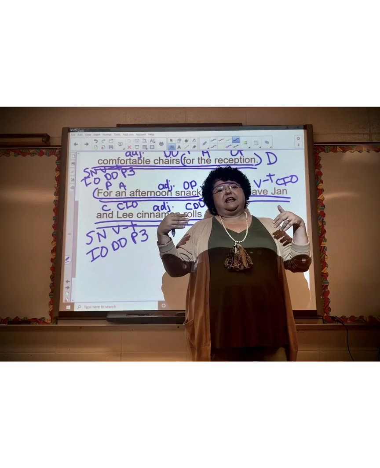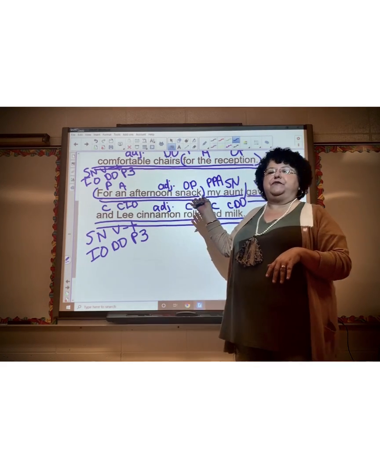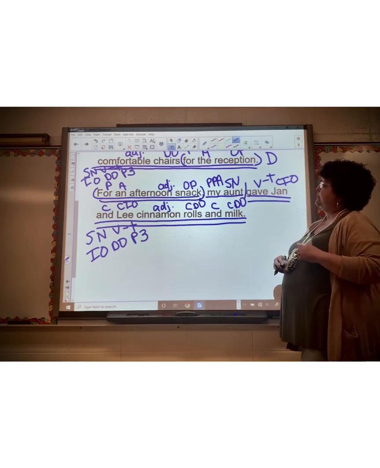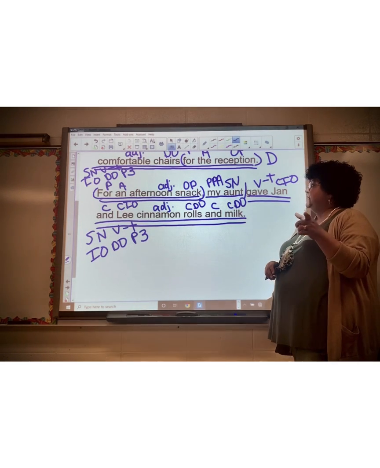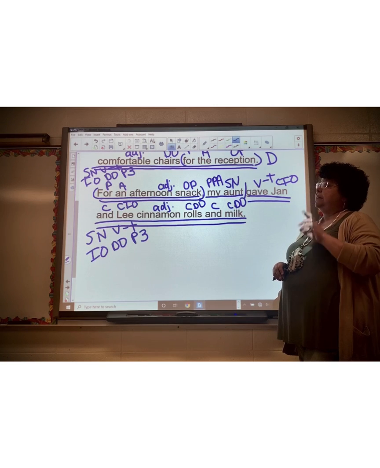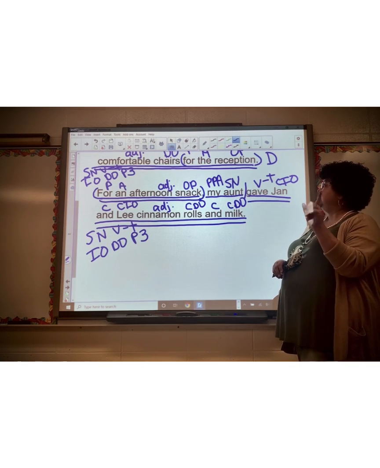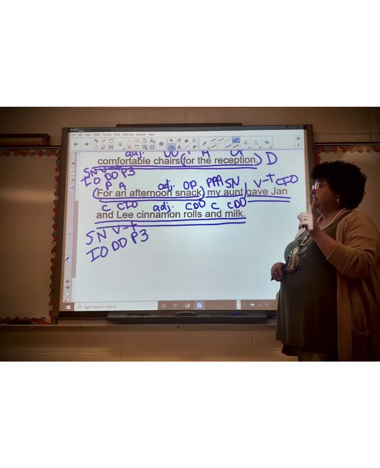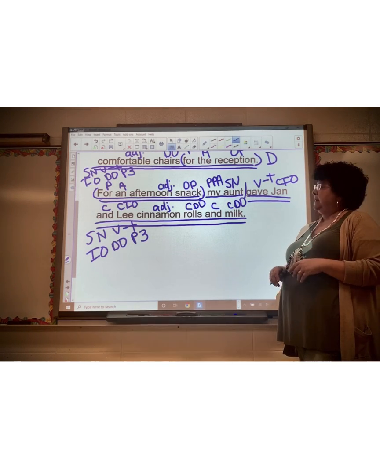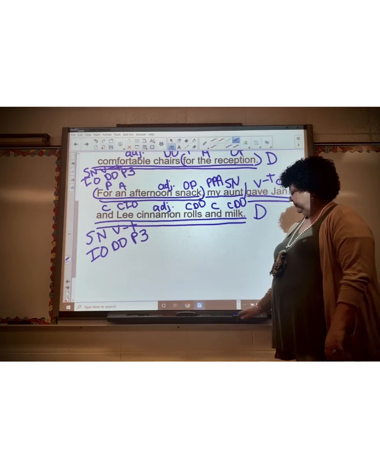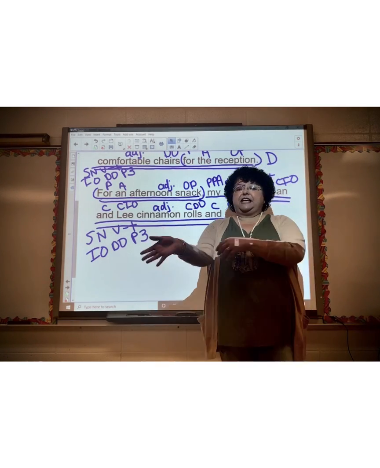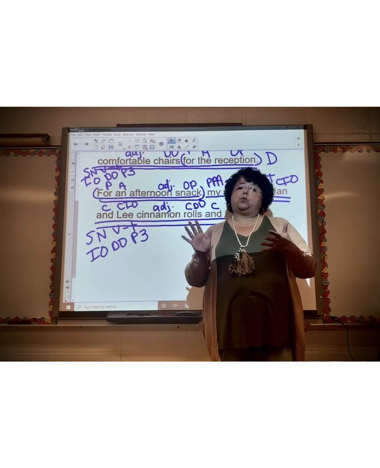It tells me about the verb. Gave when? For an afternoon snack. It's part of the predicate. So my complete subject is my aunt, and the complete predicate is for an afternoon snack, gave Jan and Lee cinnamon rolls and milk. Okay? Period, statement, declarative sentence. Okay, that's the classification part on class practice 44.